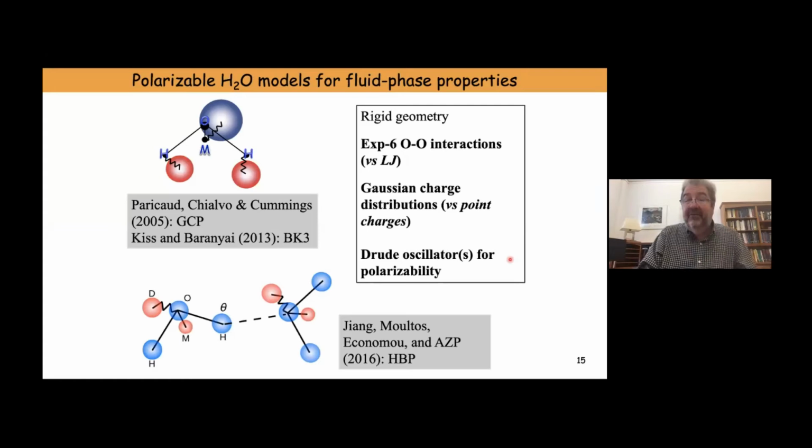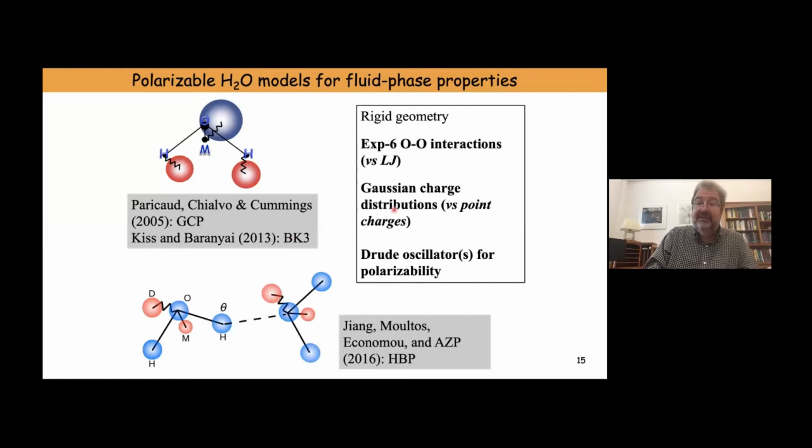There are now quite a few good polarizable models for water. Calvo and Cummings and Patrice Paricaud came up with a Gaussian charge polarizable model, which was taken and refined by Baranyai and Kiss. This is referred to as BK3. This is a good water model that reproduces the bulk properties. And they describe the repulsive interactions with exponential 6 instead of Lennard-Jones.